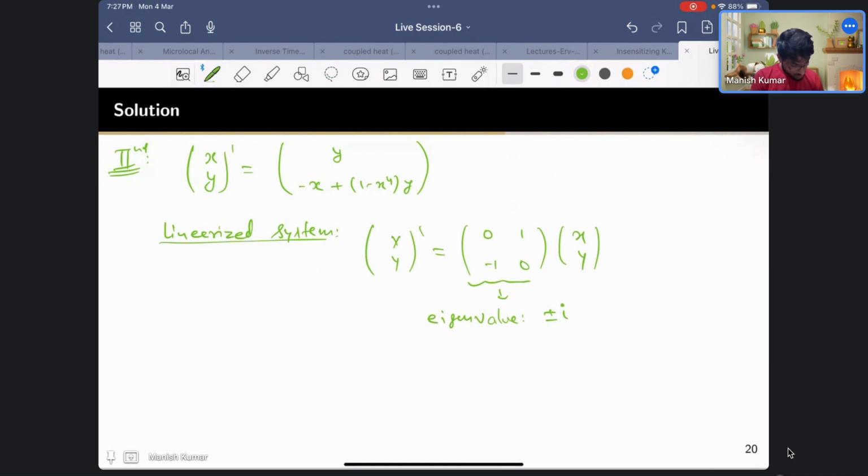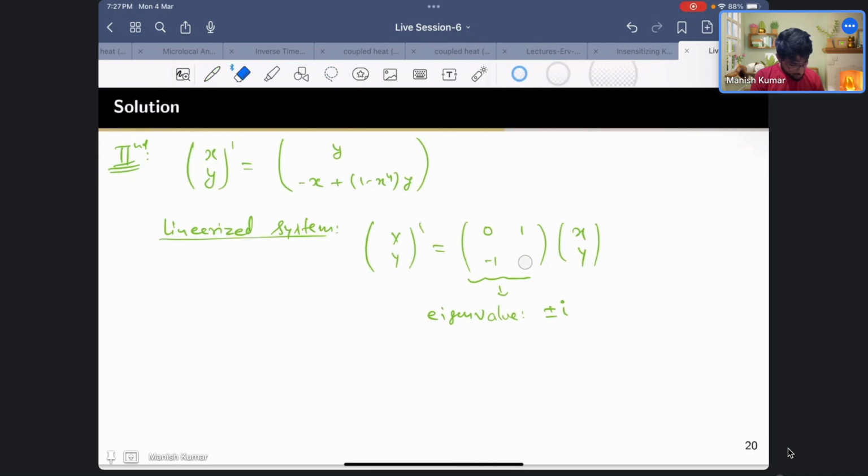Oh sorry, this is also the linear part, so plus y is also there, so here it will be 1. Suppose this is A. If I calculate the determinant of A minus lambda I equal to 0, then that would be the determinant of [-lambda 1; -1 1 minus lambda] equal to 0.